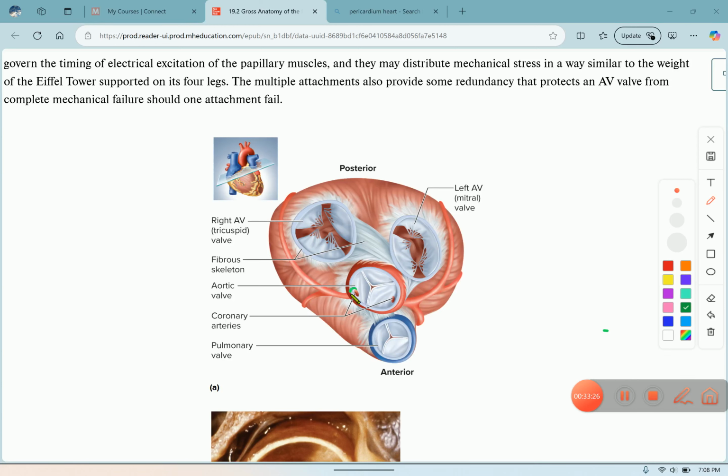There is an opening in the aortic semilunar valve, so when blood is being sent up the ascending aorta, blood will spill into these coronary arteries to supply the heart myocardium with nutrition and oxygen.